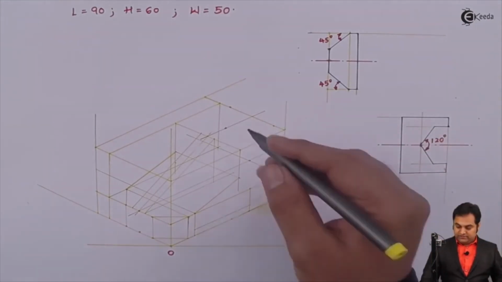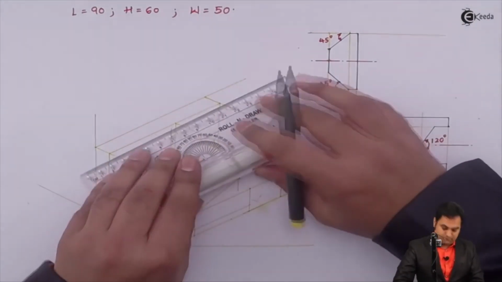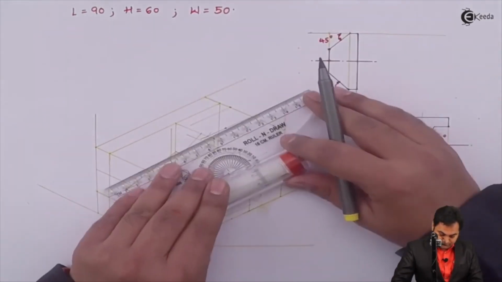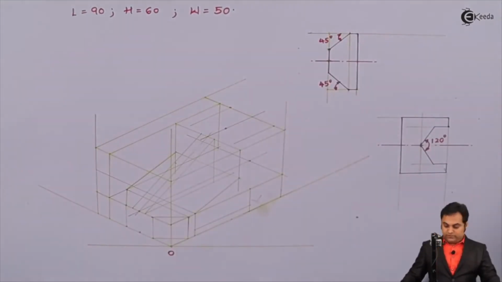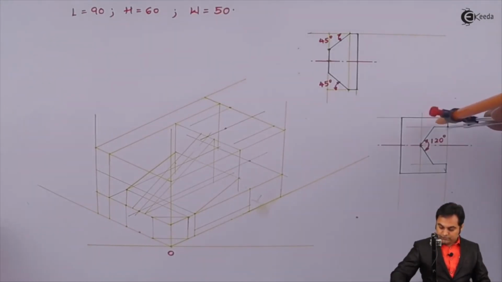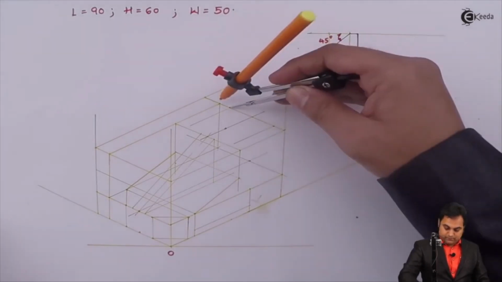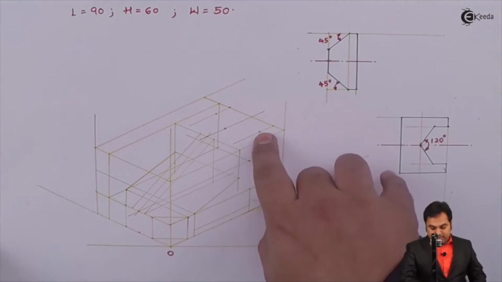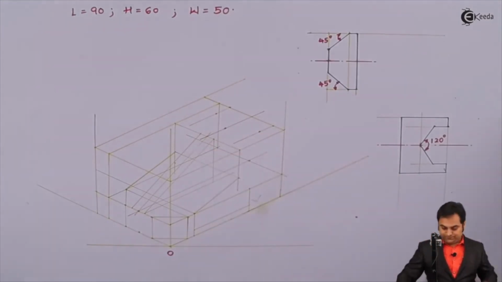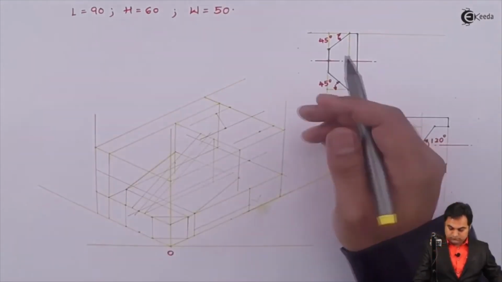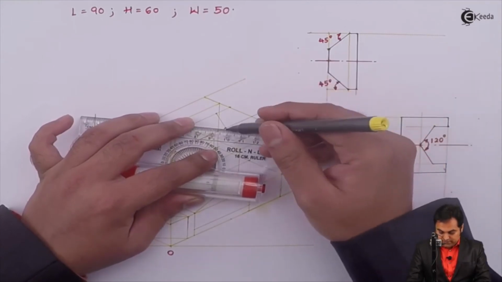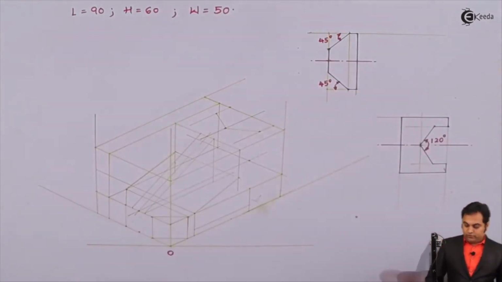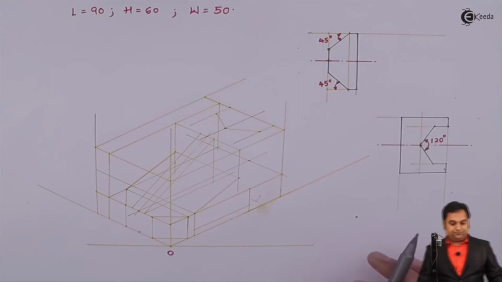Now these lines are parallel to the width. Next, measuring the distance from this point up till here, the same will be the distance at the bottom. Then connecting these two points at the center. So in this way the angle should be drawn for isometric projections.